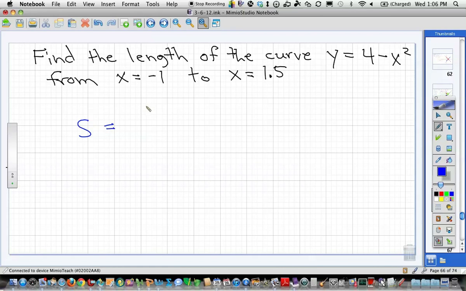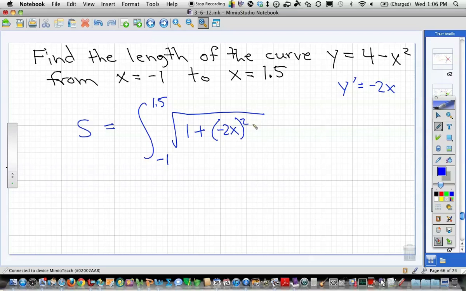We would write the integral from -1 to 1.5 of the square root of 1 plus, okay, the derivative up here is -2x. -2x is all squared, which of course would turn that into positive, dx. Type that into your calculators.